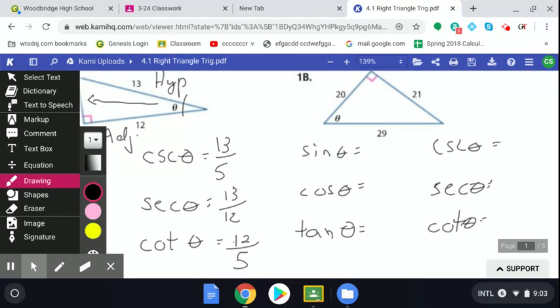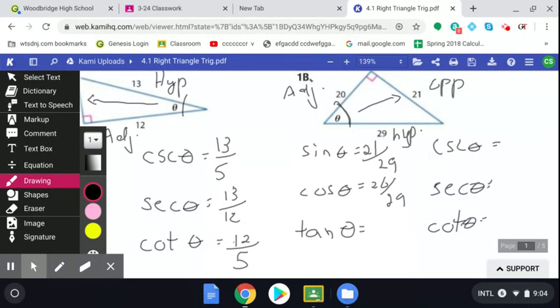Okay, so in this case, theta is over here. So from that angle's perspective, that would be on my opposite side. Across from the 90-degree angle is the hypotenuse, and the leftover is adjacent. So sine theta should be 21 over 29. Cosine theta should be 20 over 29.